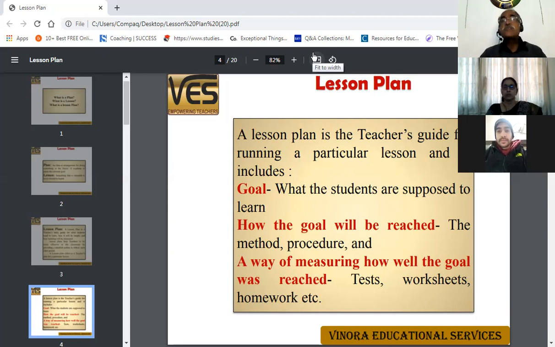The first is transition time, which means from one class we are moving on to the next class. That is the transition time. We'll be going to the staff room to take off.